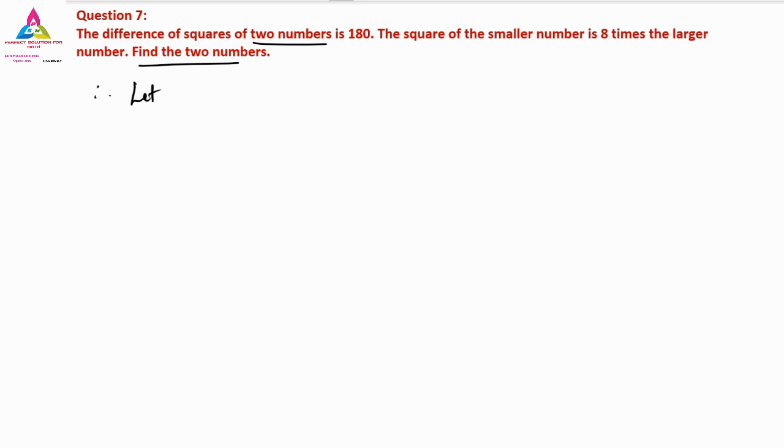One will be a small number and one will be a larger number, or greatest number, or big number, or large. So the two numbers are the large and the small. If I take the large number as x, what should I take the small number as? y. You can understand this, yes.